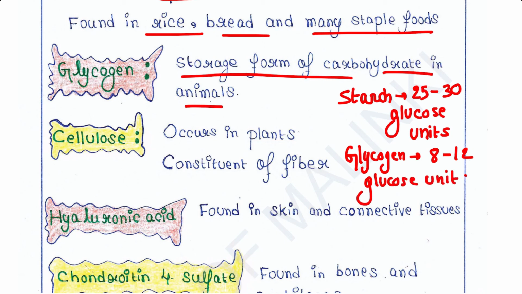That means glycogen has more branches compared to amylopectin. Otherwise, the structure is almost the same.